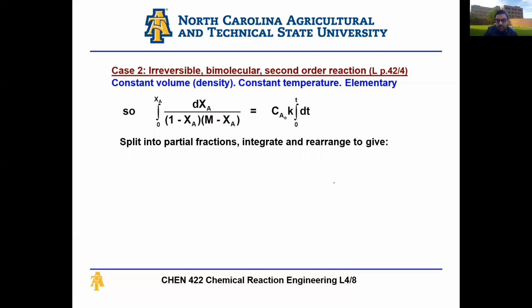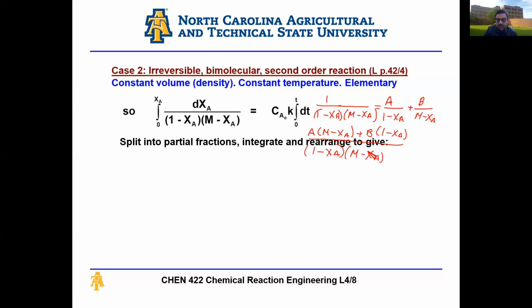So I have 1 over 1 minus XA into M minus XA. If you recall from partial fractions, I divide this into two fractions. The first one, A over 1 minus XA, plus B over M minus XA. When I combine them, I get A into M minus XA plus B into 1 minus XA, divided by 1 minus XA into M minus XA.